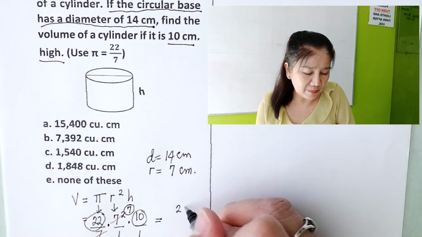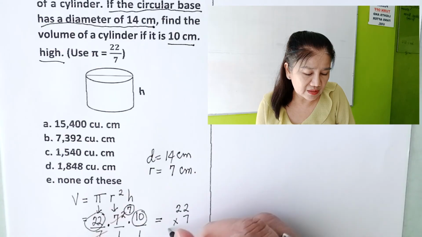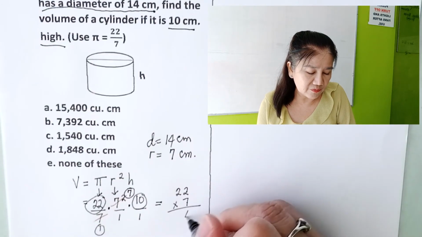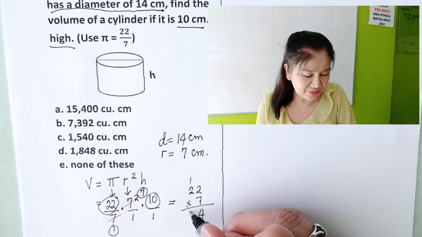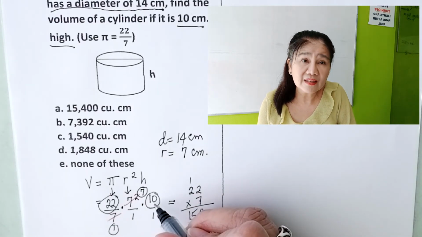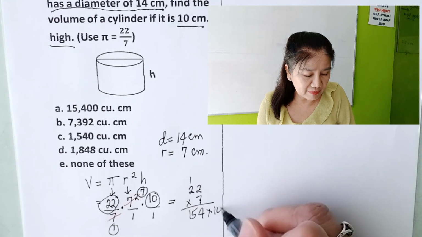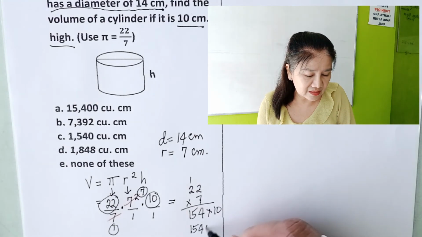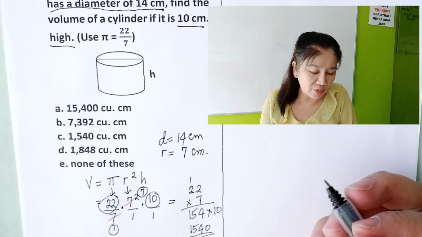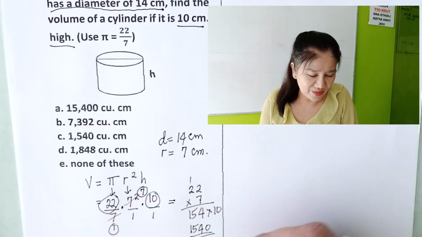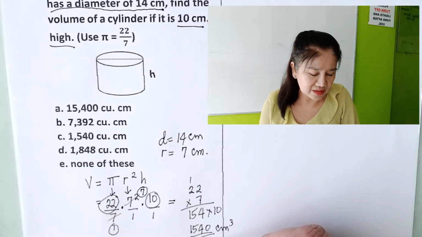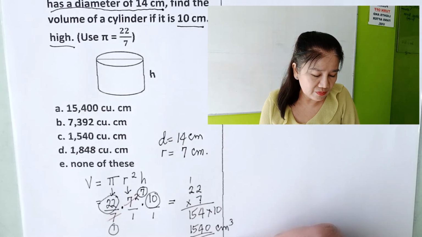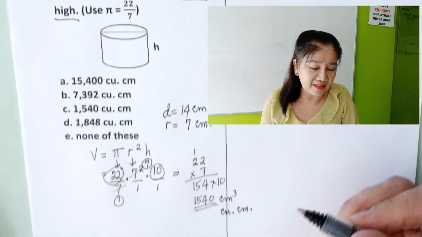So we have to multiply 22 times 7 first. 7 times 2 is 14, carry 1. 7 times 2 is 14, plus 1 is 15, times 10. When you're multiplying by 10, you just add a 0 here. So we will have an answer which is 1,540 cubic centimeters. There, that's the final answer.